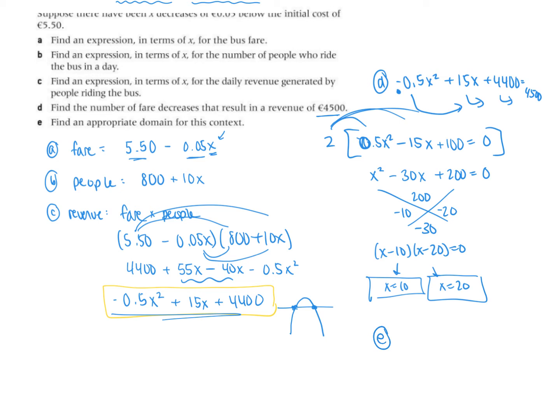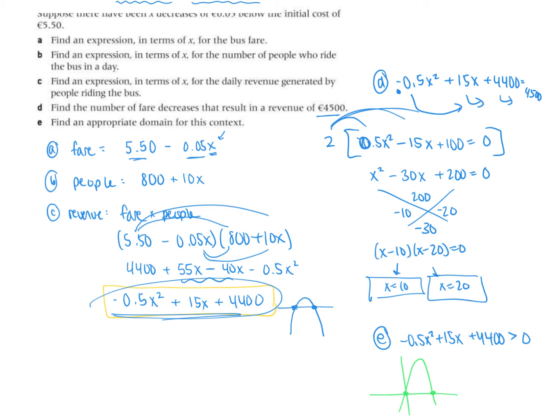We want this revenue function to be greater than 0. Remember that this quadratic is going downwards, so we need to see from what x value to what x value this is above the x-axis.